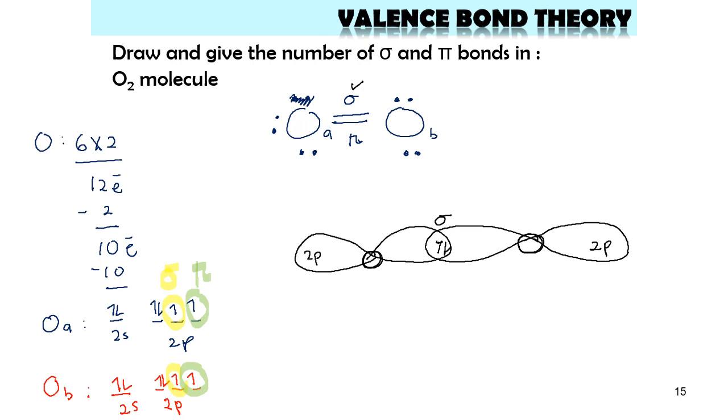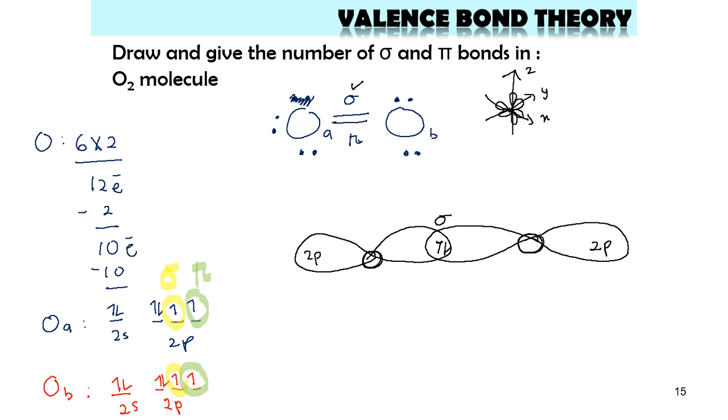Now, let's draw the pi bond. So, the pi bond, the green one, we want to draw. For oxygen A, you have one single electron still in the 2p orbital. So, 2p orbital is a dumbbell. Did you still remember? For p orbital, you have 3 different orientation: X, Y, Z. So you have 2px, 2py, and then 2pz.